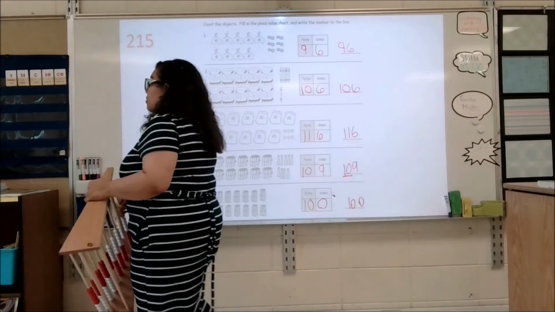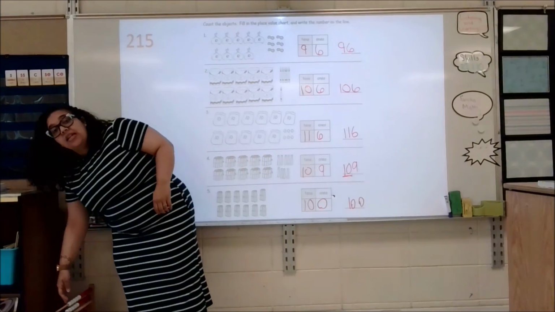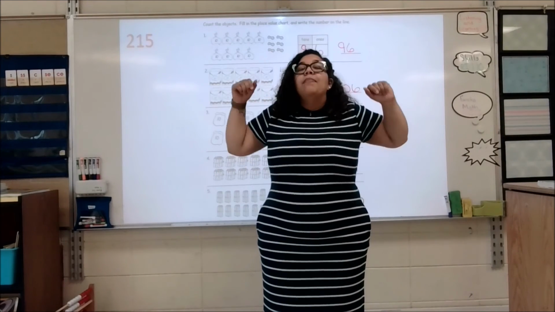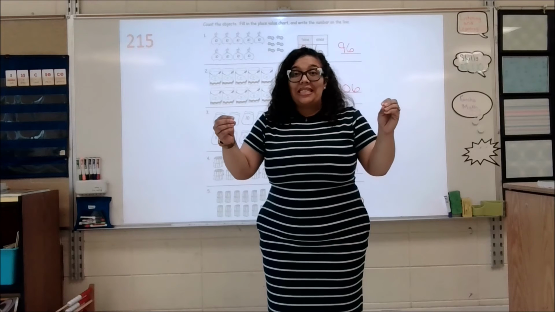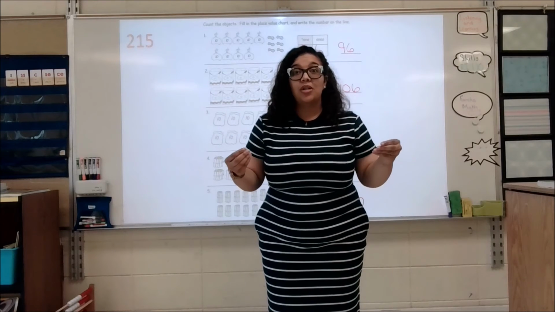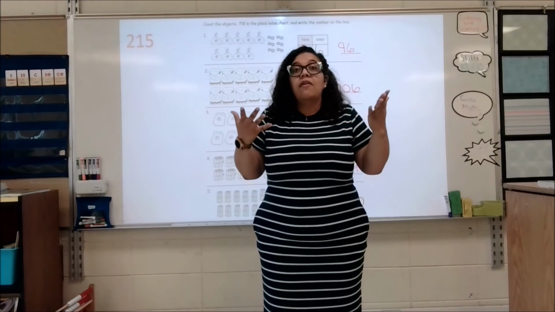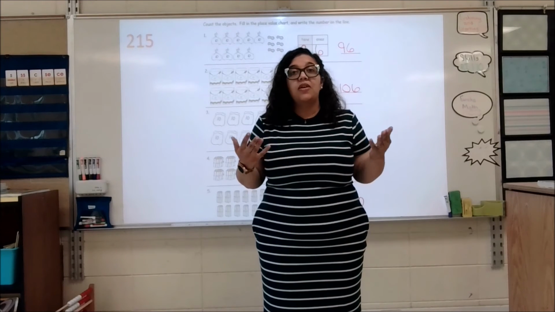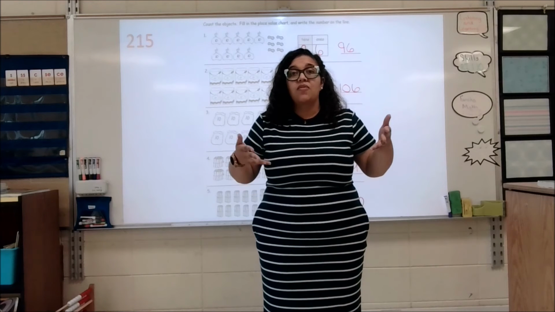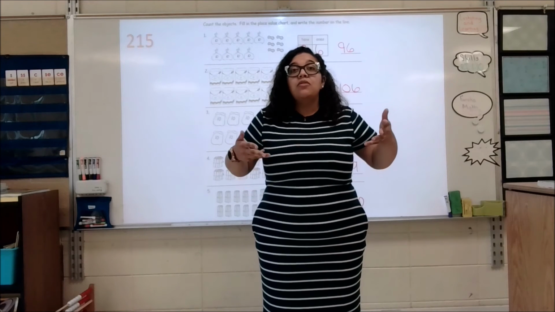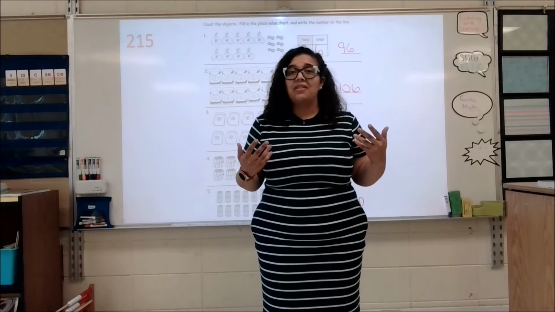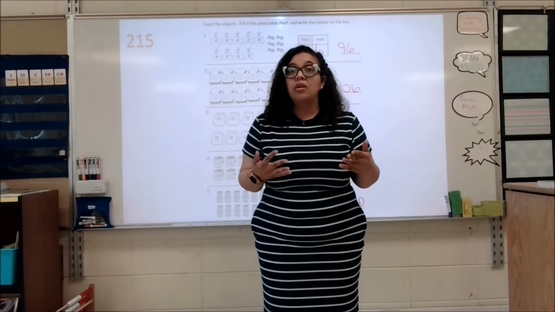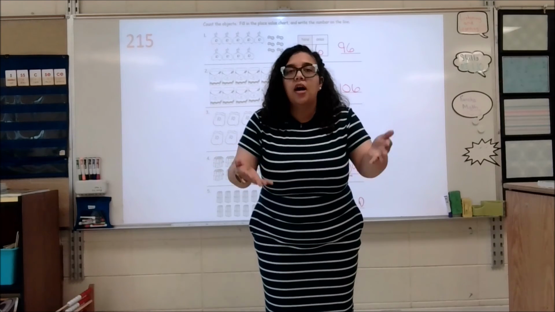Because it's much easier to go 10, 20, 30, 40, 50, 60, 70, 80, 90, 100 than it is to go, let me do it, okay, 1, 2, 3, 4, 5, 6, 7, 8, 9, 10, and so on, all the way up to 100.